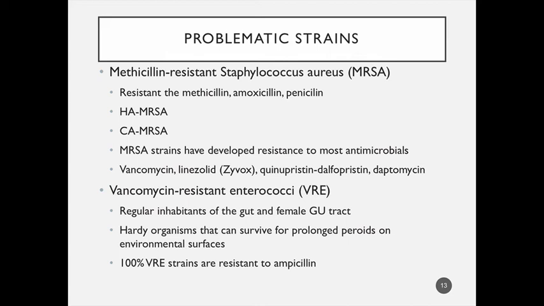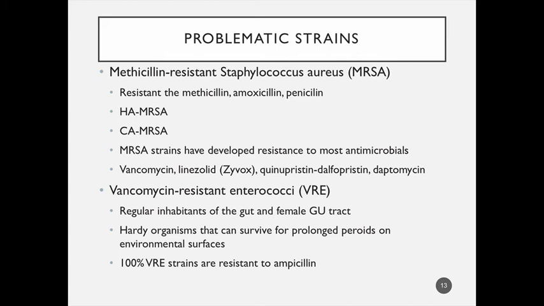Another problematic strain is a bug called vancomycin-resistant enterococci, or VRE. Enterococci are pretty regular inhabitants of the gut and also the female genital tract, but they're also found frequently in wounds and pressure ulcers in people in the hospital. The people who are really at risk for VRE are the people that are immunocompromised.